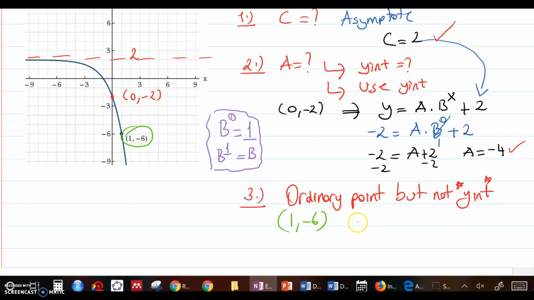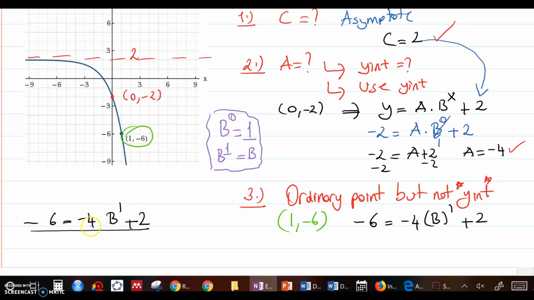So y will be -6. I know what a is, -4. b, parentheses, to the power 1 and plus 2. I guess your question was, why am I putting in the parentheses? Because if you're solving this equation, and if you don't put b in parentheses, if you write it that way, it might seem like you're just multiplying the b with -4.